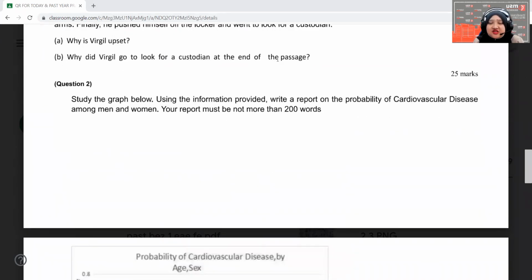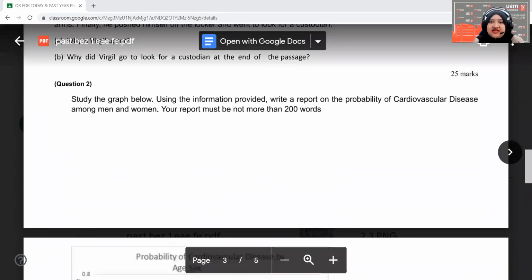The next one is on the nonlinear essay, where you are asked to study the graph and write an essay. Do you remember our project where you had to do the survey and create the graphics, the pie chart, the bar graph, the line graph, and then write a report? This is a miniature, smaller scale version.